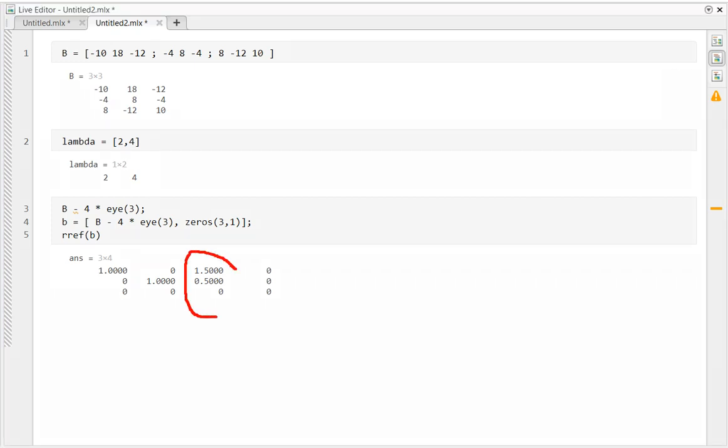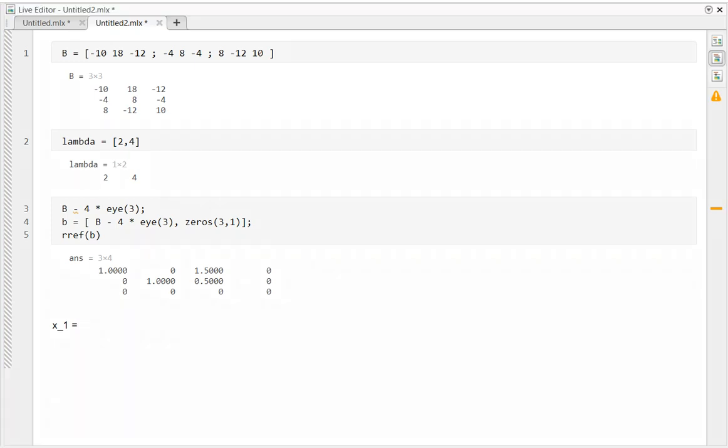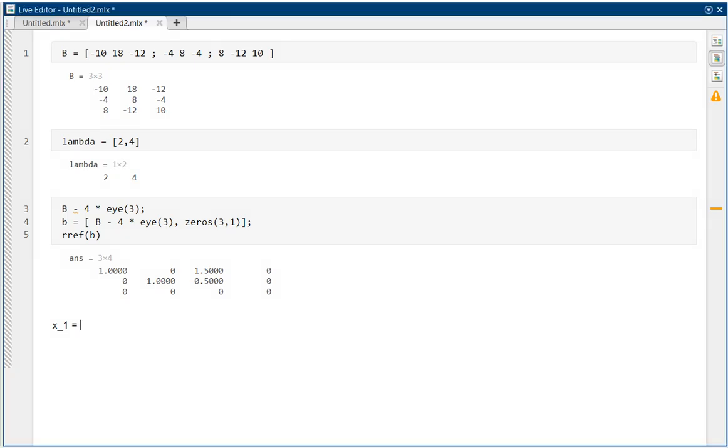The first thing to notice is that x sub 3 is my free variable, right? So x sub 1 equals, and when I subtract it over, remember my equal sign is right here at the augmentation bar. When I subtract the 1.5 x sub 3 over there, I get negative 1.5 x sub 3.